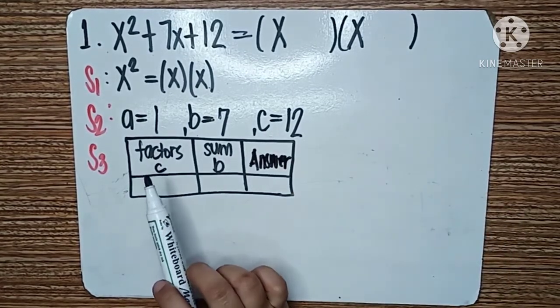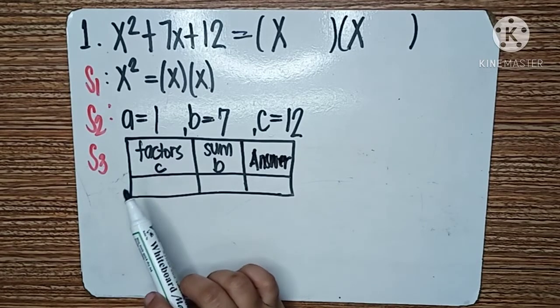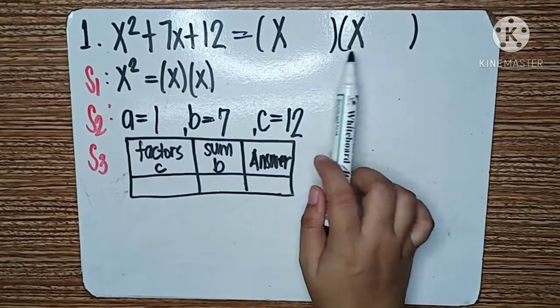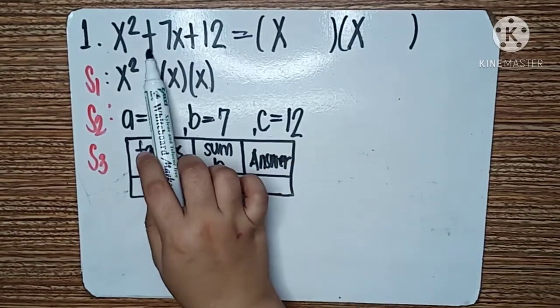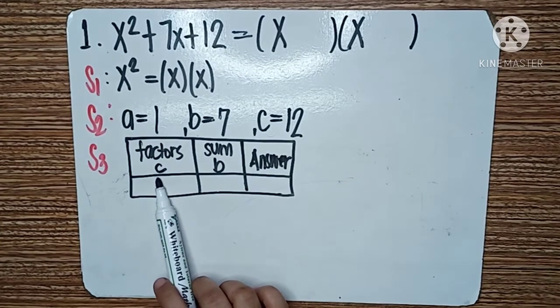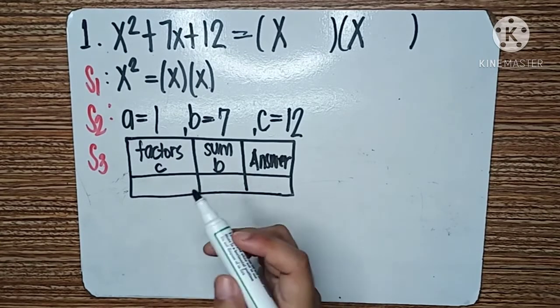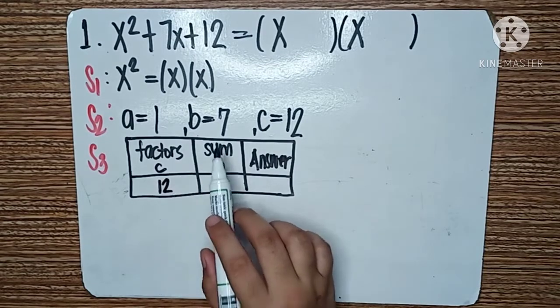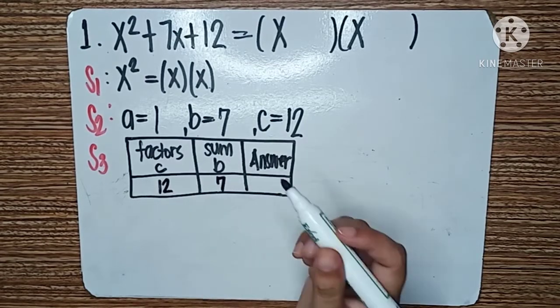Okay, I said a while ago that the only rule to find the binomial factors of a given quadratic trinomial where a equals 1 is to find the factors of c whose sum is b. And our c is equal to 12 and b is equal to 7.